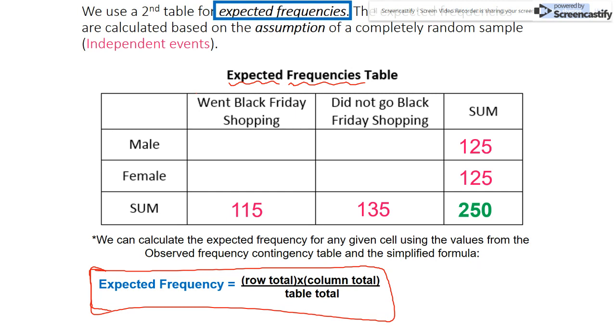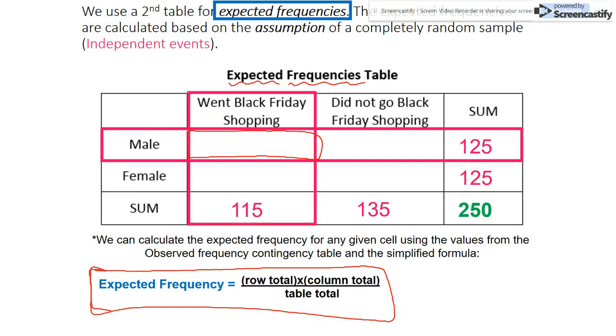So for example, this cell right here, for male who went Black Friday shopping, I'm going to take the row total, so 125, and I'm going to take that and multiply by the column total, so 115, and then I'm going to divide by the table total, 250.